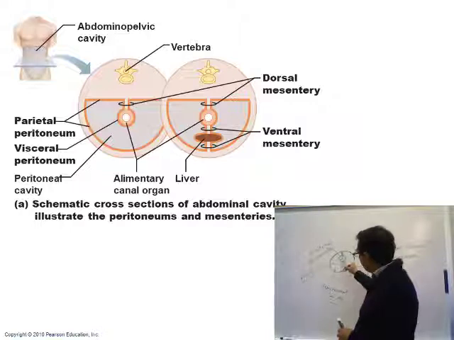Mesenteries tie the abdominal organs to the abdominal wall or body wall. It is like strong ropes tying the abdominal organs to the wall, like hanging them.